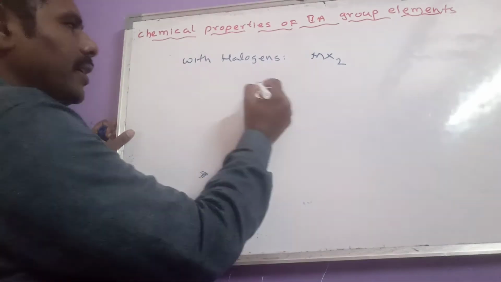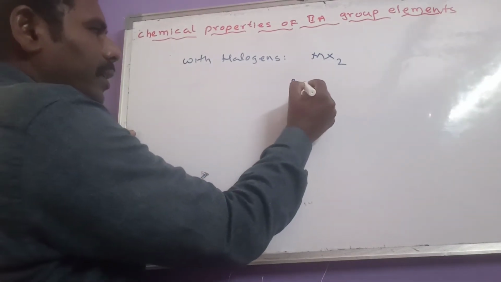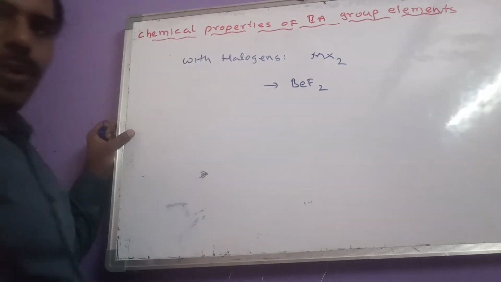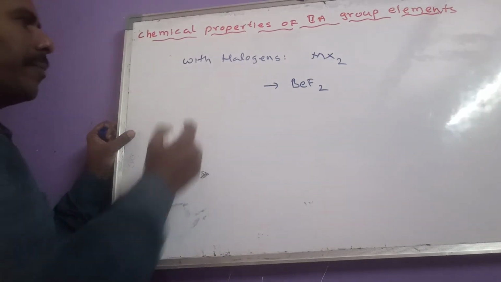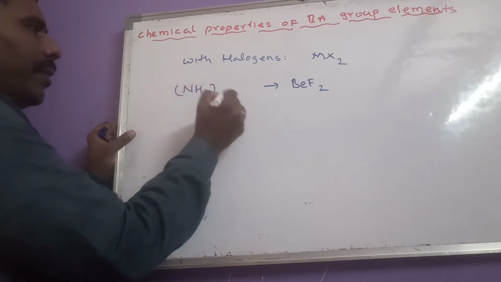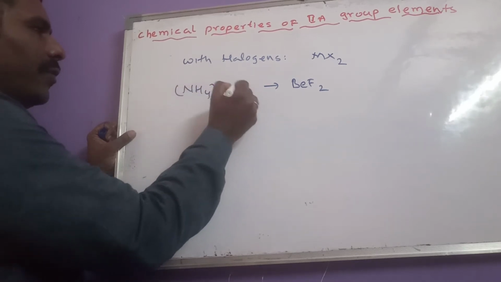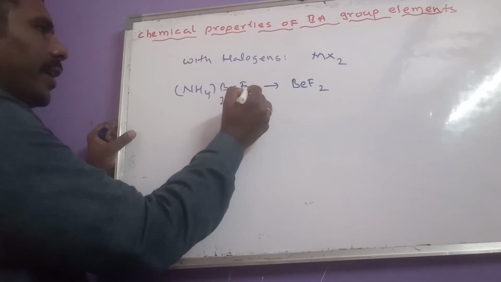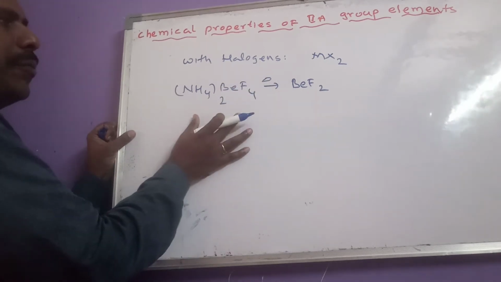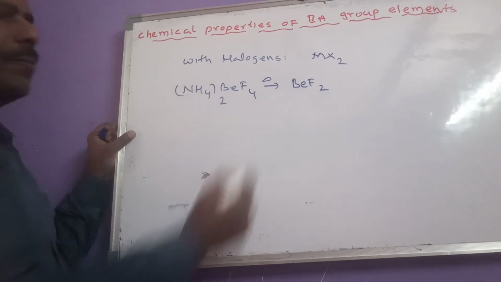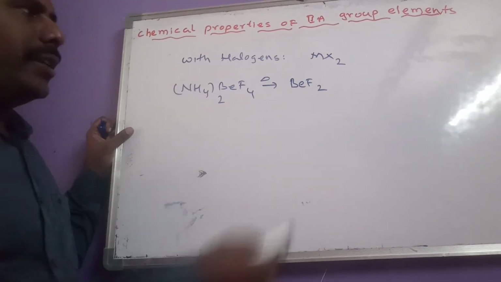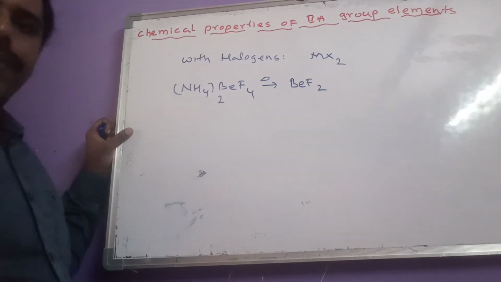What is the convenient method to prepare beryllium fluoride? It is thermal decomposition of (NH4)2BeF4. On thermal decomposition, this forms beryllium difluoride. So this is the convenient method to prepare BeF2.